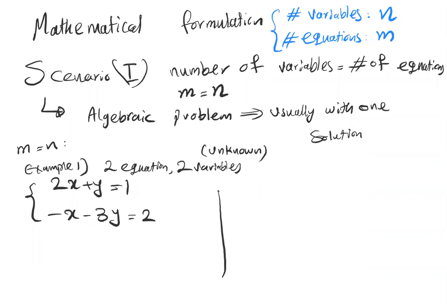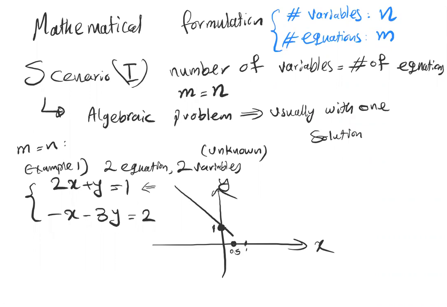Let's try to draw this. All right. The first one is 2x plus y is equal to 1. So this is y, this is x. If I choose x to be 0 in this one, y is going to be equal to 1, so 1 point. If I choose y to be 0, x is going to be 0.5. This is 1, this is 0.5.